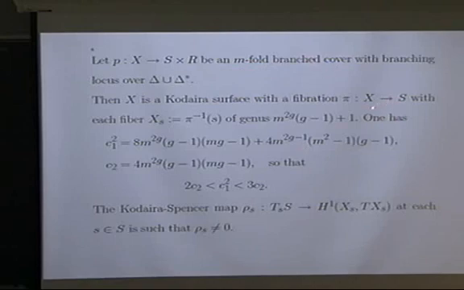So what happens is that the Kodaira surface, as a fiber space over S, is such that the deformation is non-trivial. In fact, the Kodaira-Spencer map is injective at each point.